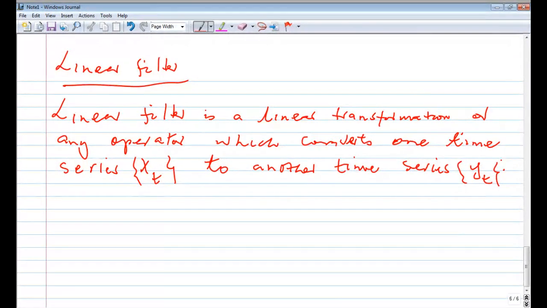So a linear filter is a linear transformation or any operator which converts one time series called xt to another time series called yt.